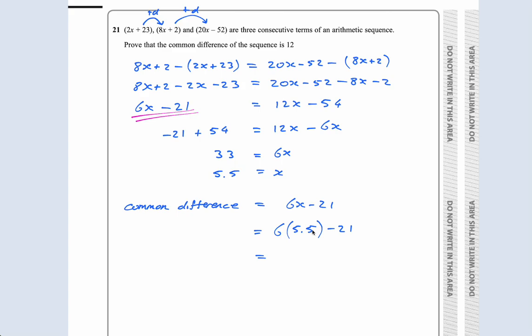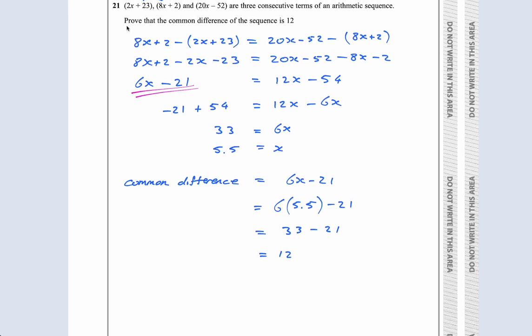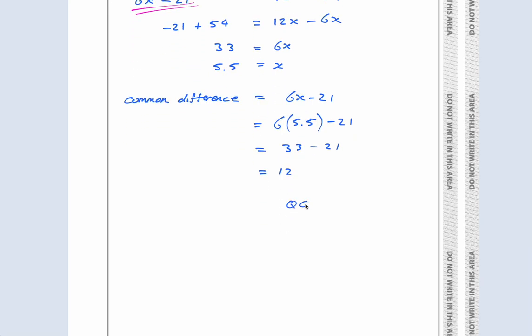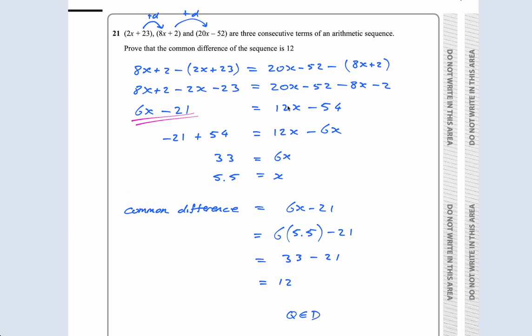We know 6 times 5.5 is 33 because we've just done it there. 33 minus 21 equals 12. Therefore, we have proved that the common difference is 12. There it is, it's 12. So I'm going to write QED. That stands for Quod erat demonstrandum, which is Latin for which was to be proved. So it's like, I have proved what you asked me to prove. So I'm not saying that question's easy, but I'm saying it's a question 21 that's not impossible.